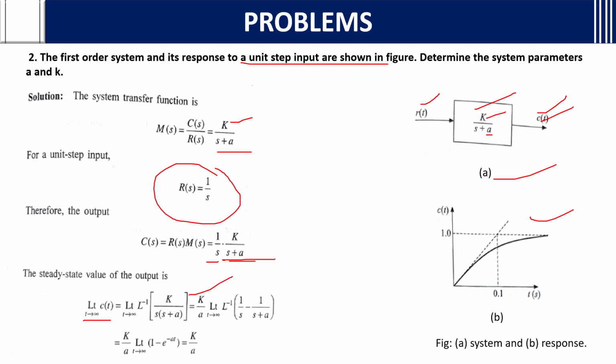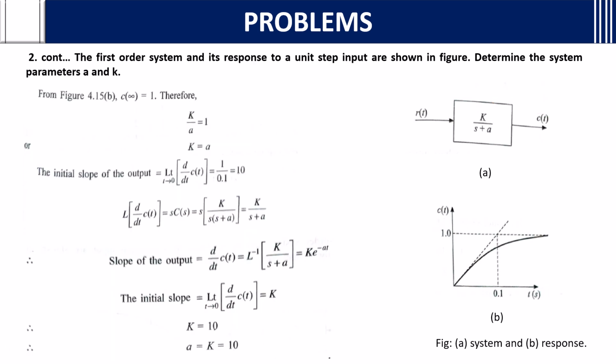Then K by A, limit t tends to infinity. The Laplace inverse of 1 by S is 1, and of 1 by S plus A is e power minus at. If you substitute t equals infinity, this value becomes 0, and 1 minus 0 becomes 1. So K by A is the steady state value of the output.